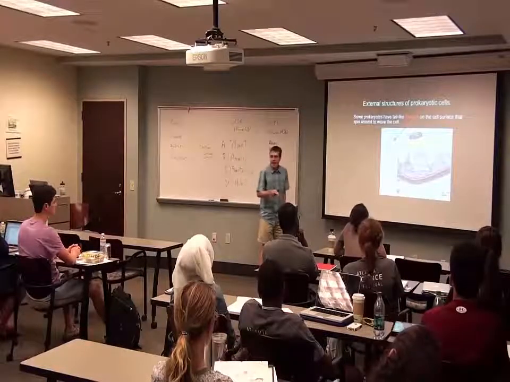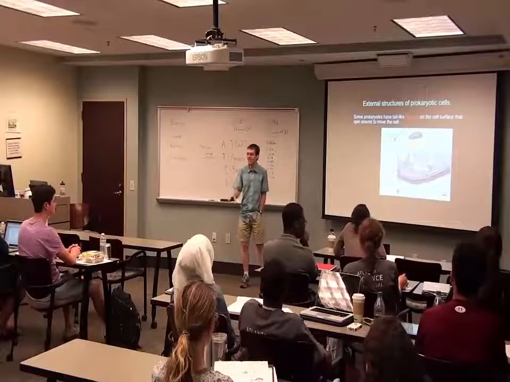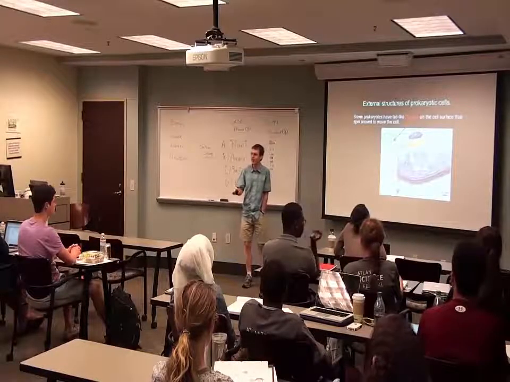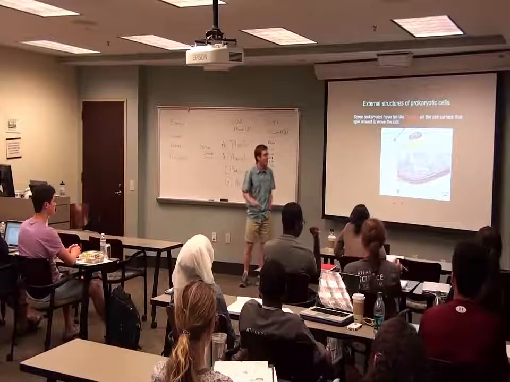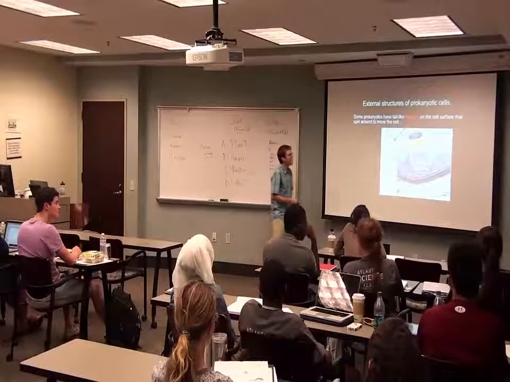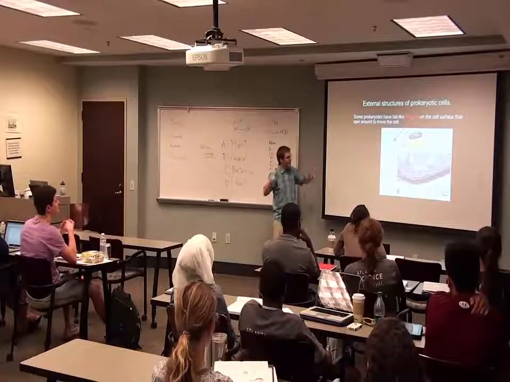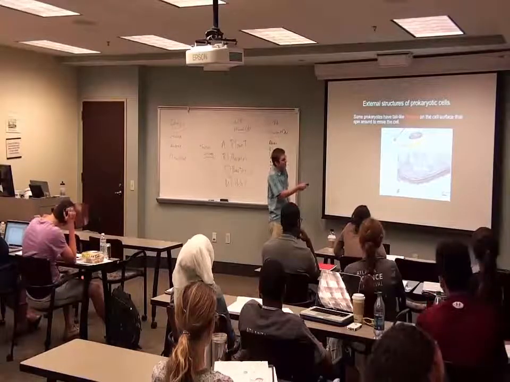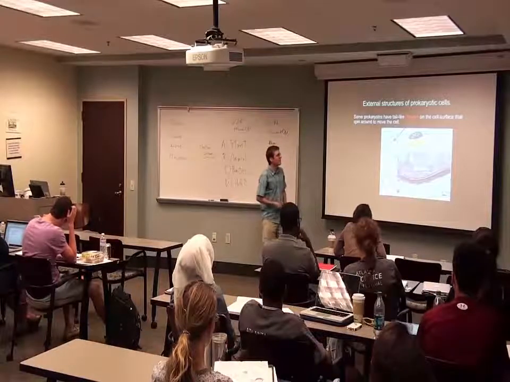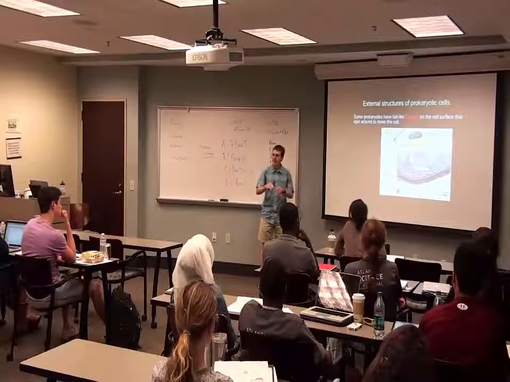So another structure that nobody drew here, but usually when I do this, somebody has drawn it, even if they've drawn clearly an animal or a plant cell, are big long flagella. So flagella are prokaryotic structures. They're said to be tail-like, and their main function is for moving around the cell. So we do have some structures called cilia.